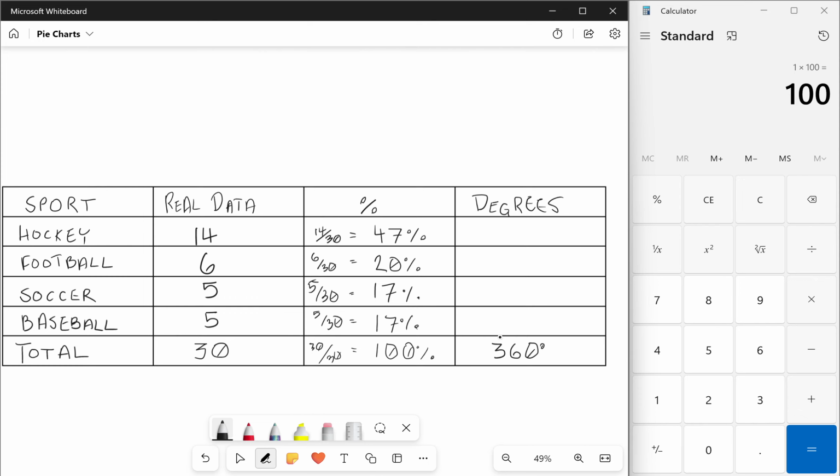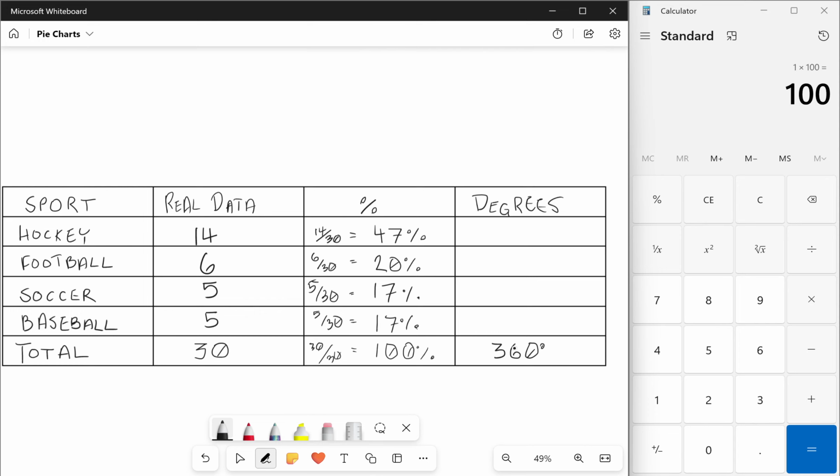So now we need to convert these percentages into degrees. Not so hard, not as hard as it looks. In order to do that, we need to find out what each percent of 360 each of these is going to represent. So, in other words, for hockey, what is 47% of 360?